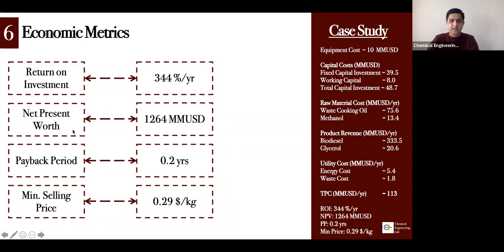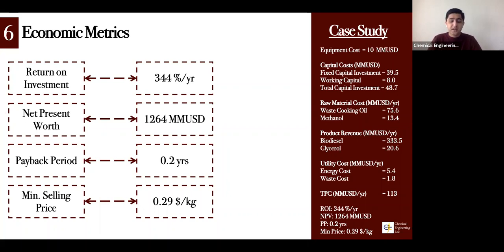The second one that we have is called the net present worth. As I said earlier, it tells us how the value of money is going to change with each year, like how much we will be worth after 20 years.